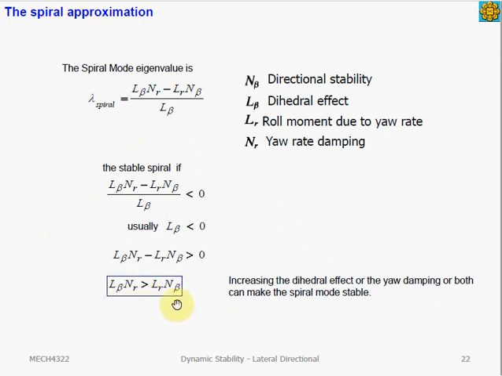So this relationship shows that a high degree of lateral stability tends to make spiral mode stable, and in contrast, a high degree of directional stability tends to make spiral unstable.